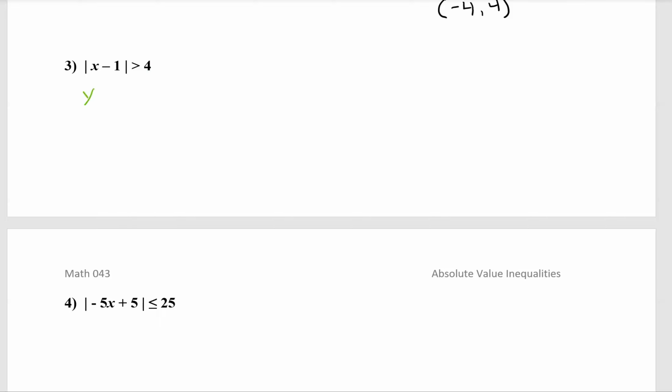So let's take the absolute value signs off, flip the sign, take the opposite, write the word or, take the absolute value signs off, solve as is.